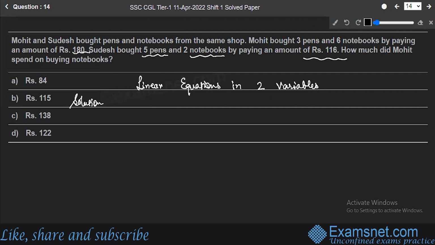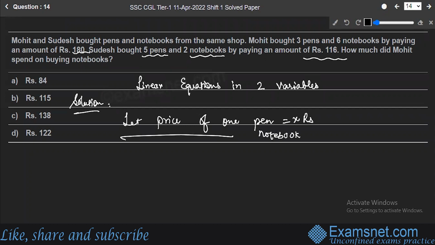Let's move to the solution part. Let price of 1 pen be X rupees, and let price of 1 notebook be Y rupees. Right? So according to the question, what does the first scenario say? It says that 3 pens and 6 notebooks cost 180 rupees.